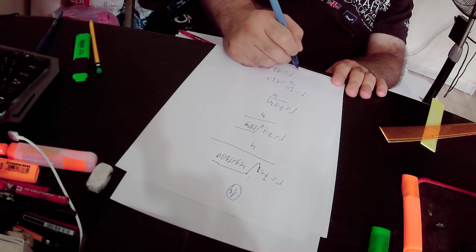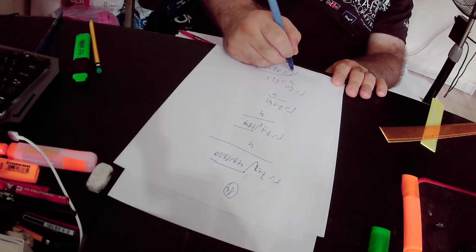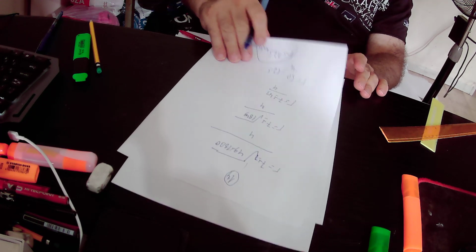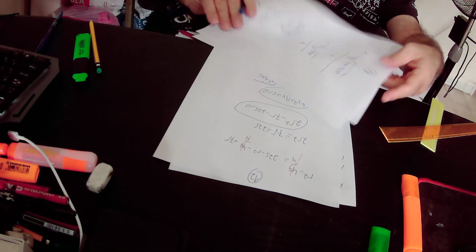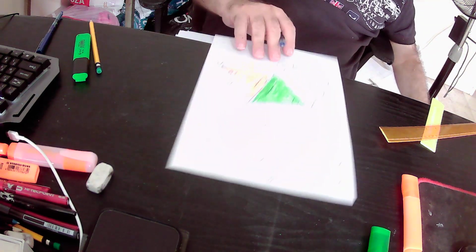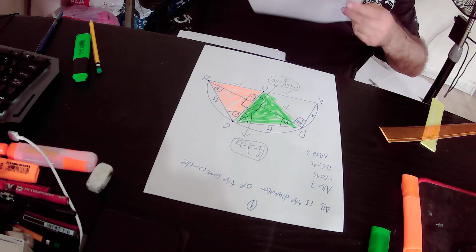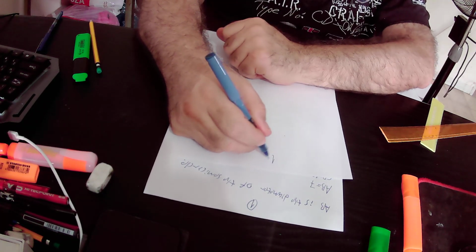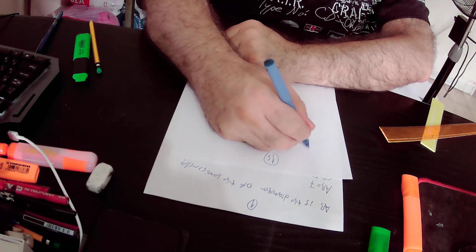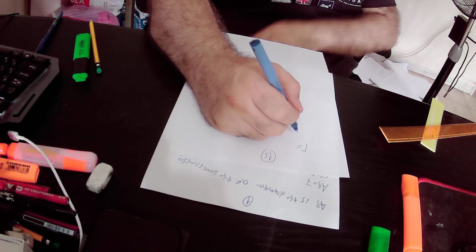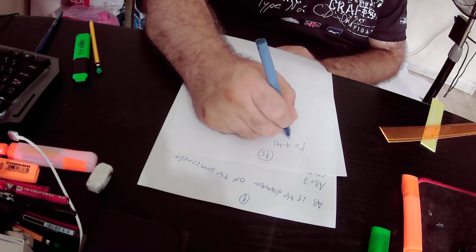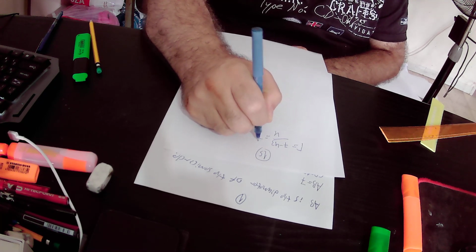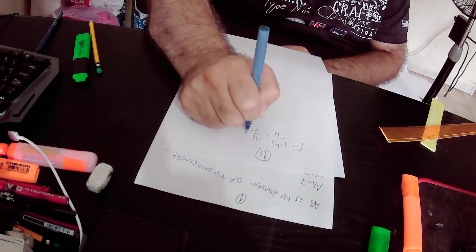But we have another solution that states that r equals 7 minus 43 over 4, which is 7 minus 43 is minus 36, over 4 is minus 9.